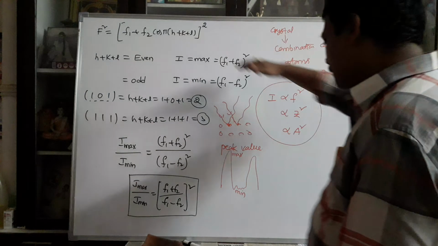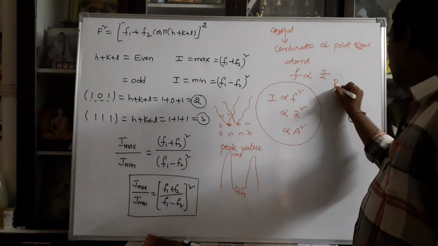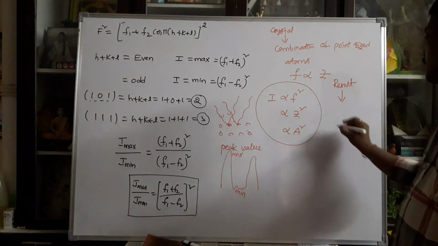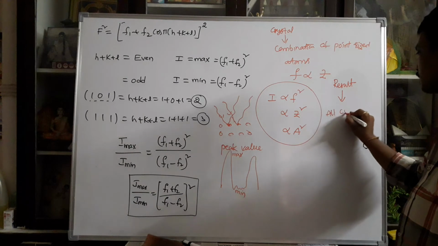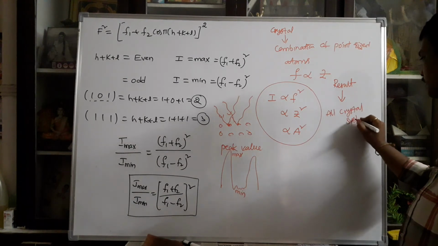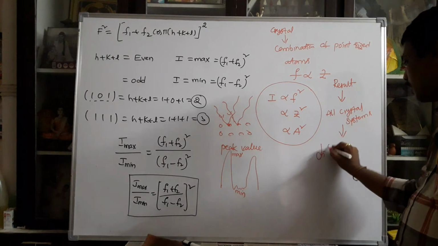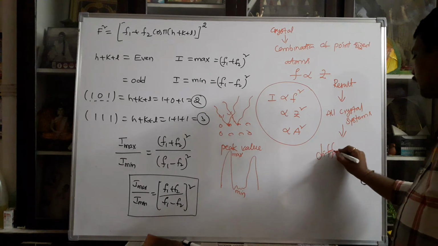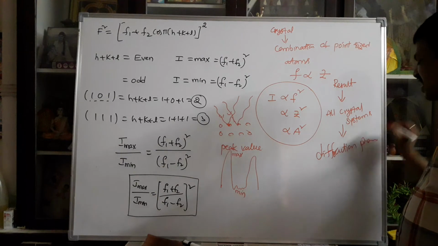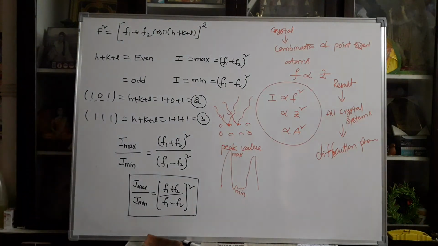According to this complete derivation, the ultimate result is that all crystal structures, otherwise systems, obey the diffraction phenomena. Each and every crystal system must obey the diffraction phenomena.